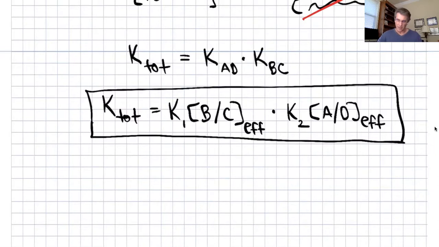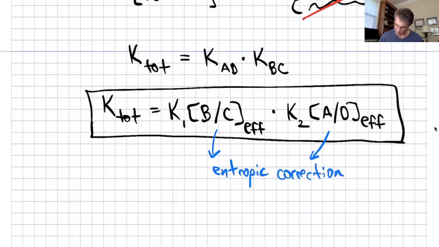So those effective concentrations, another way to think about them is these are essentially like entropic correction factors for the local availability of those interactions and their ability to make that hydrogen bond or that other interaction, right?